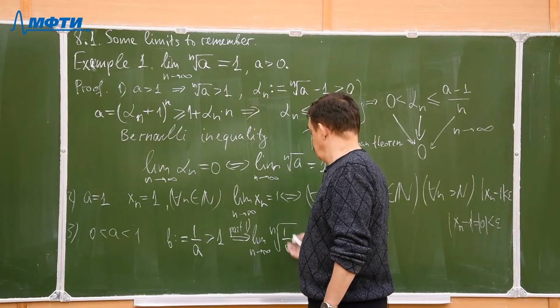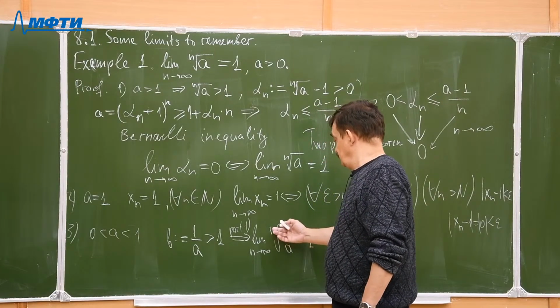So, okay, this is b, right, under nth root.